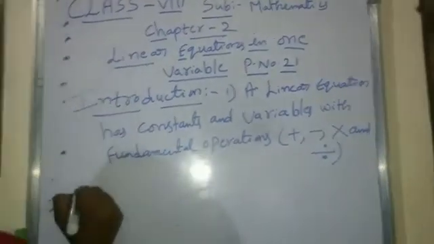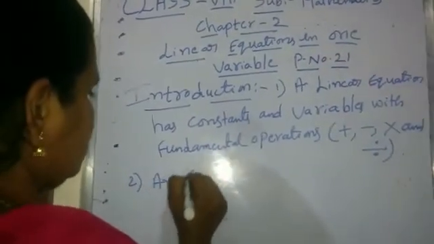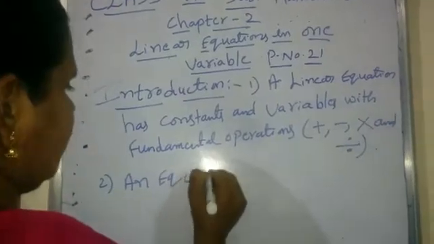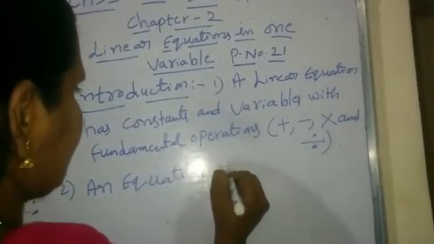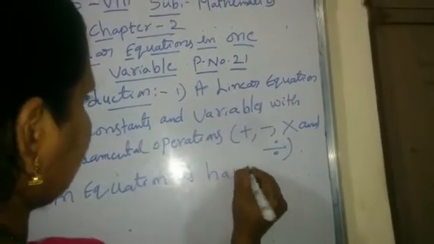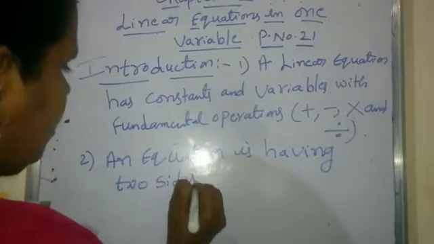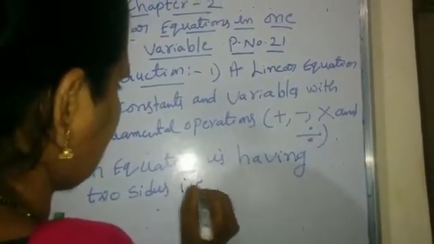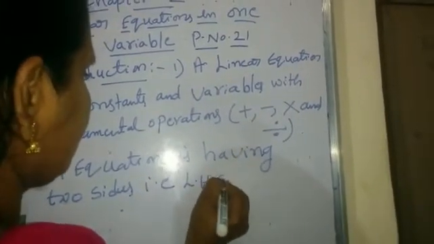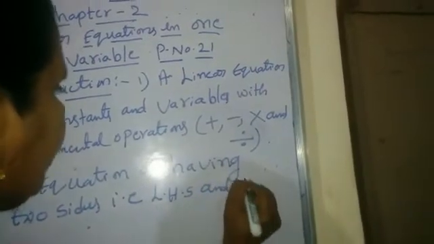Next point: an equation has two sides, that is LHS and RHS.